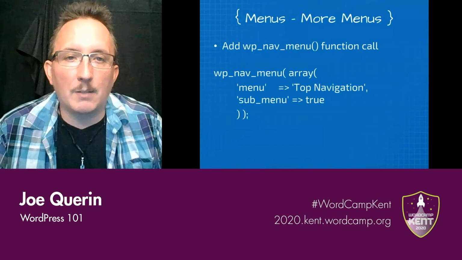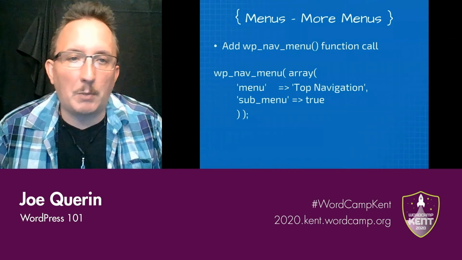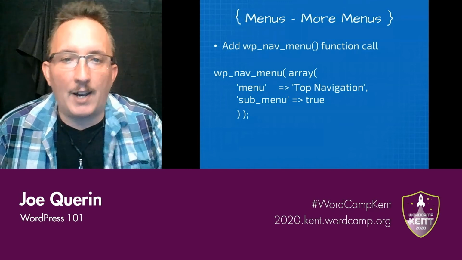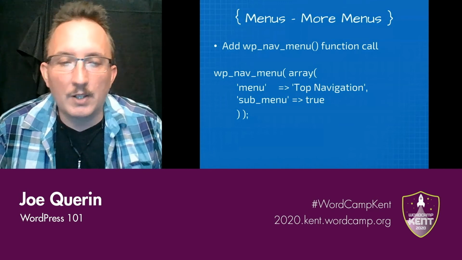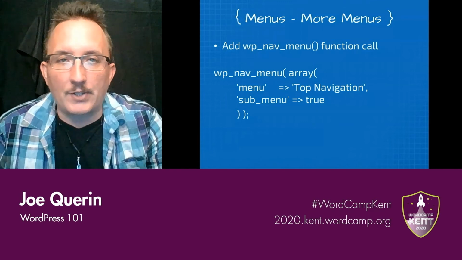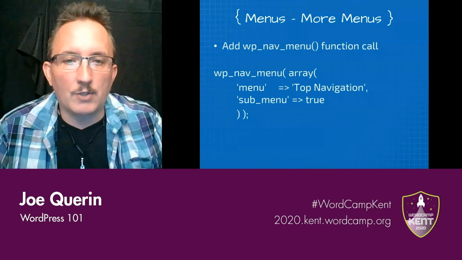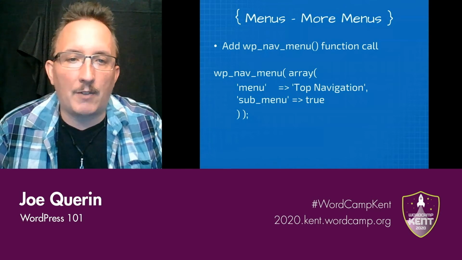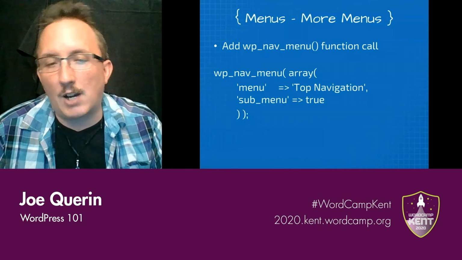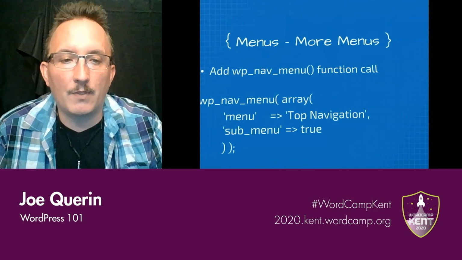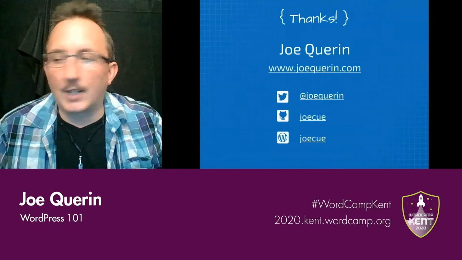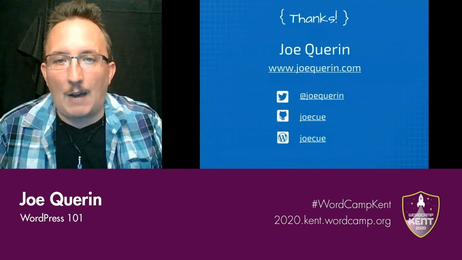It's the wp_nav_menu function call. You see there's an array. An array is just a list of items. We have our key value pairs, essentially. Menu, top navigation, submenu, true. So I want to have sub navigation or not. I can turn that on or off depending on how I want it to function. And you can look at the Codex to get more information about that as well.